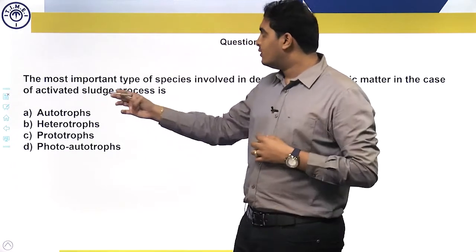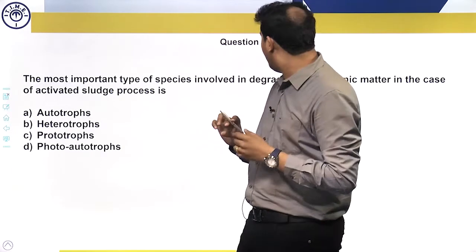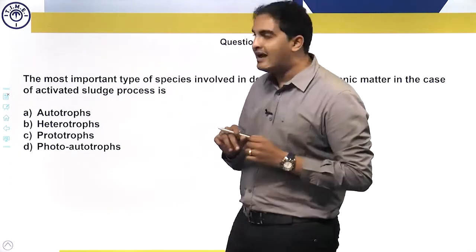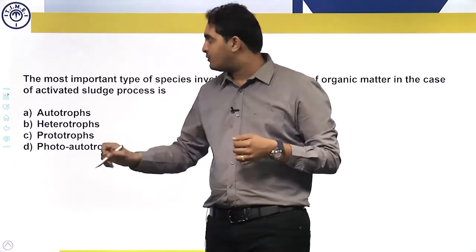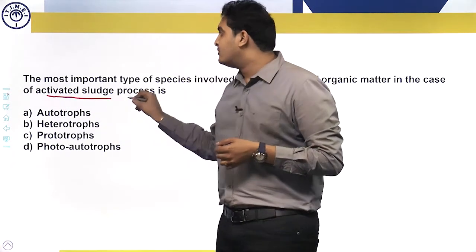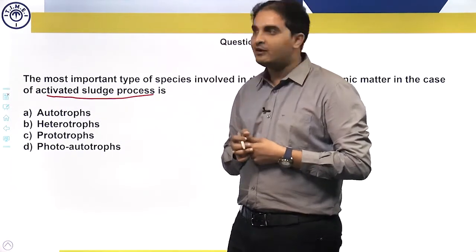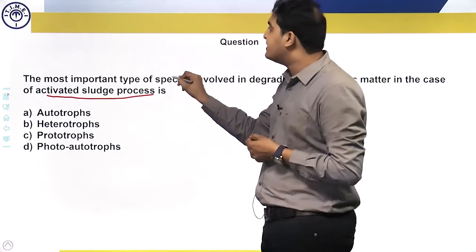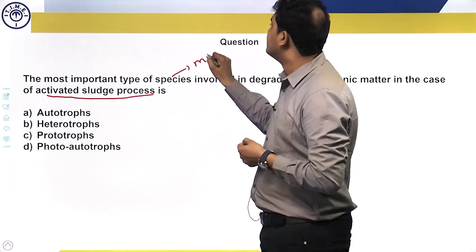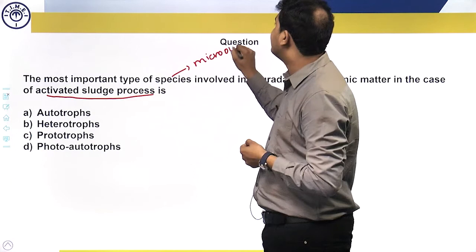That is, the most important type of species involved in degradation of organic matter in the activated sludge process. Activated sludge process means ASP, which is used in the treatment of wastewater. Species means the microorganisms, that is, what type of microorganisms are involved.